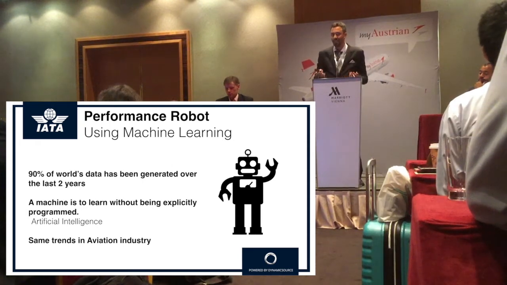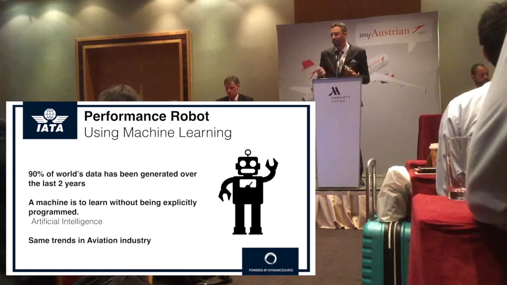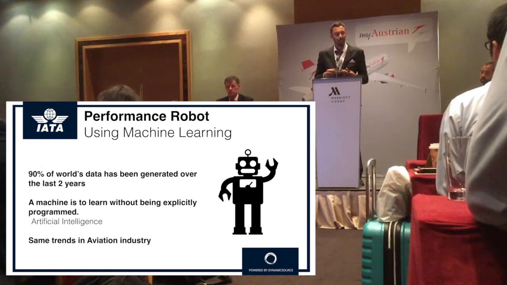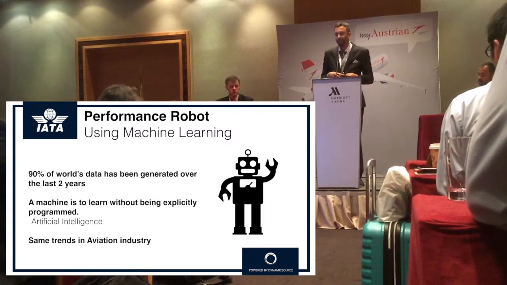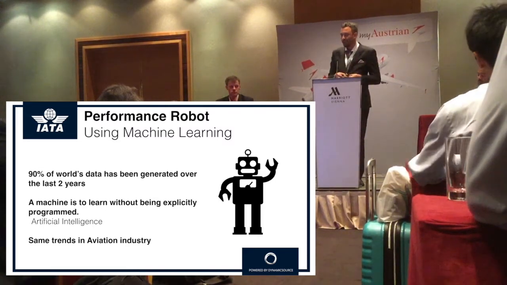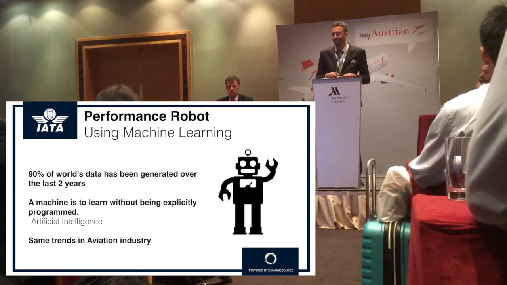And using a machine is a great tool for that. So machine learning, that's a machine that is supposed to learn without any human interaction. That's artificial intelligence. And we can see these trends with generating heaps amounts of data within the aviation industry. So we need to fight and accommodate that as well.